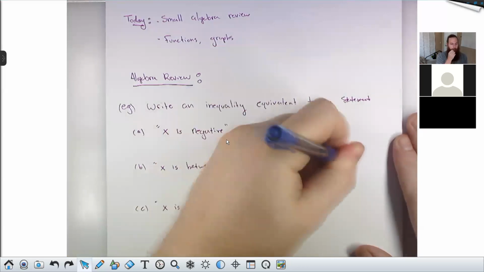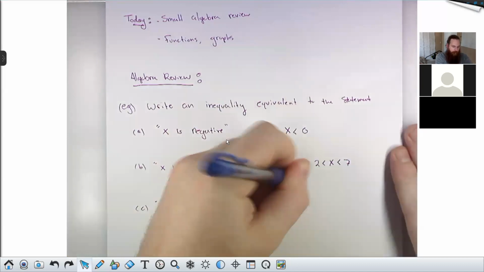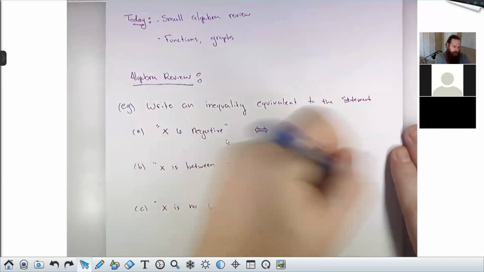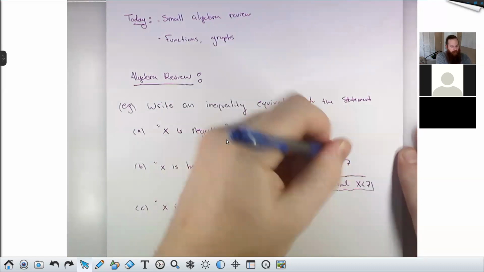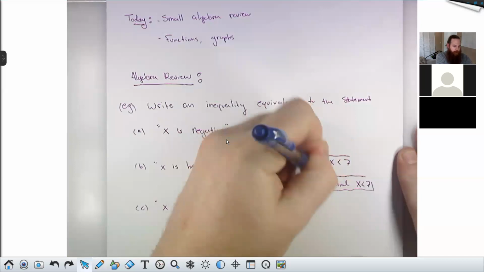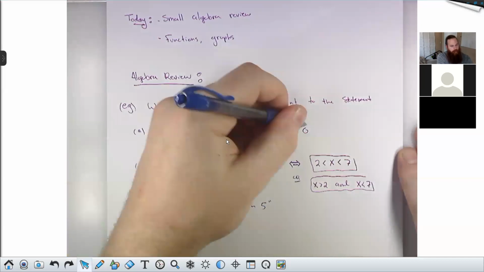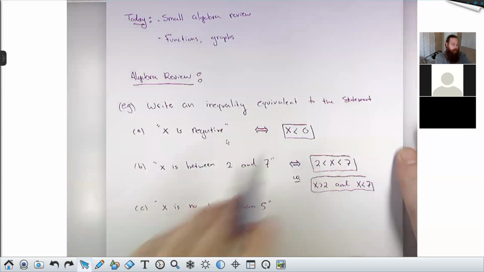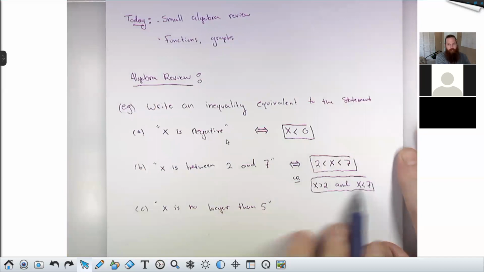Or you could write X is bigger than 2 and X is less than 7. Either of these would be okay. Personally, I prefer this first guy. Okay, so being negative is the same as being less than 0. Being between 2 and 7, this is the nice way to say both at once, but you could also say it as these two separate statements.